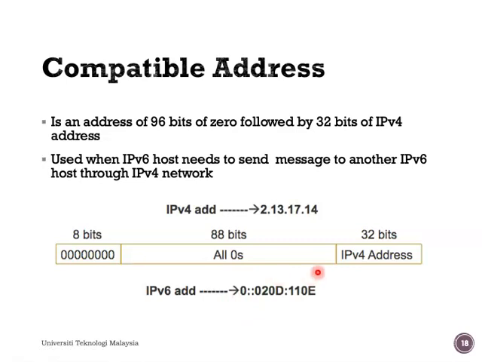Again, it is used when a computer using IPv6 wants to send a message to another computer using IPv6, but they have to go through a region where the networks are still using IPv4. So the sender must use an IPv4 compatible address to help the transmission of this packet to the IPv4 region.